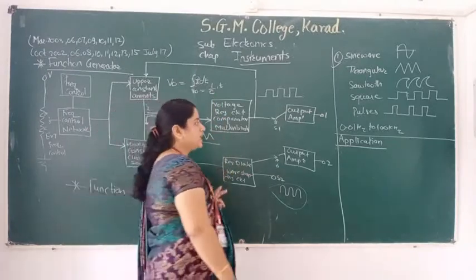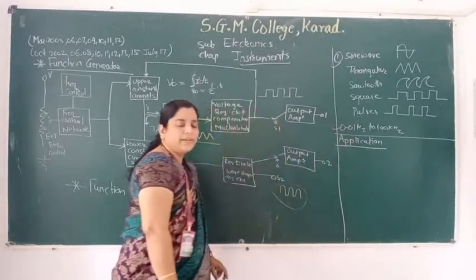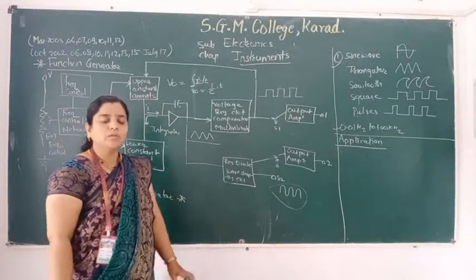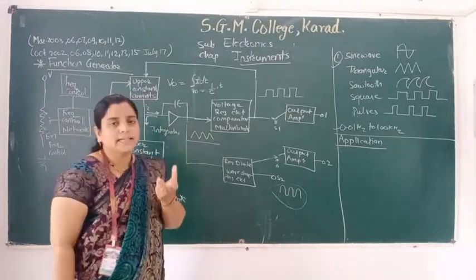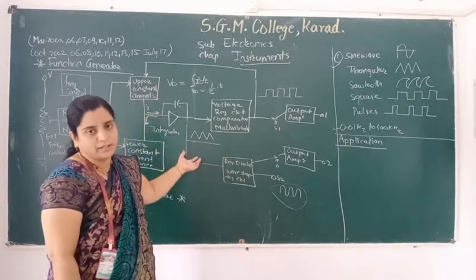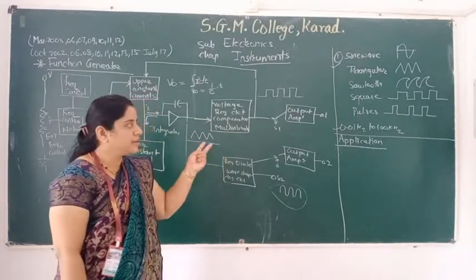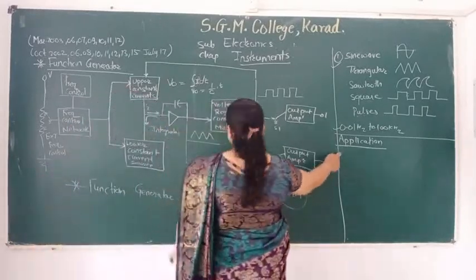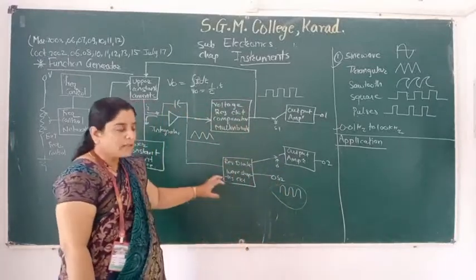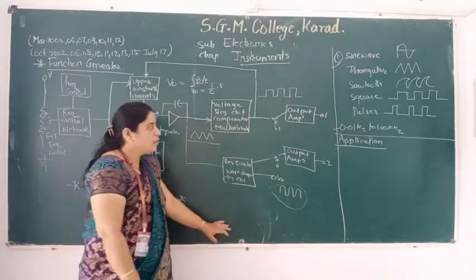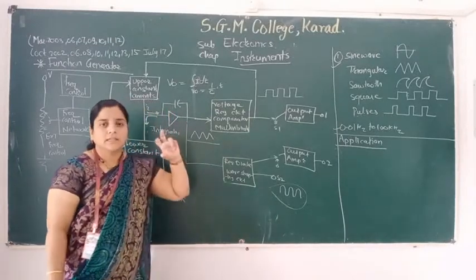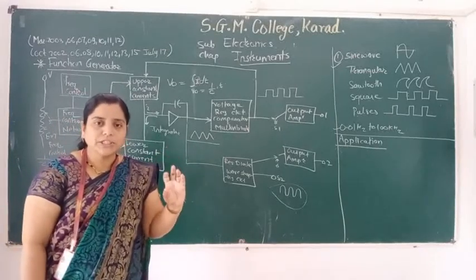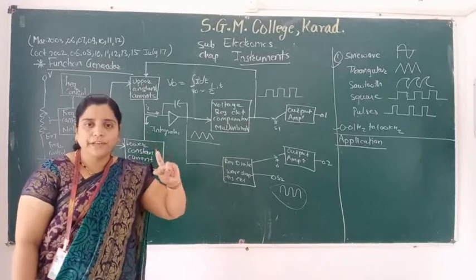The second application is that the frequency range is 0.01 Hz to 100 kHz. If you want to use a circuit in this range, then you can use this function generator. The third application is that we use the function generator in laboratories for observing two waves simultaneously.